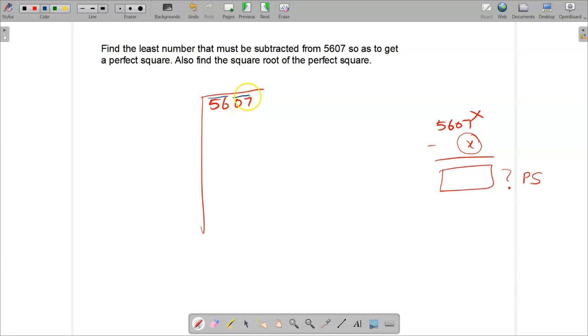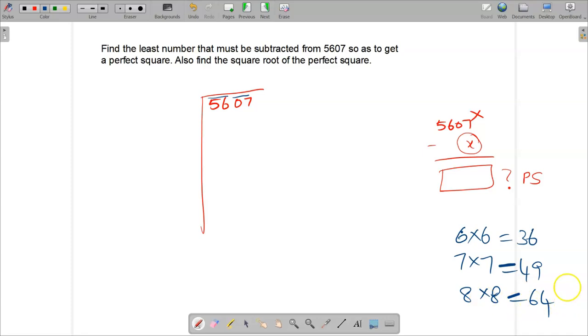So 07 is combined and 56 is combined, and first I have to start finding the number which is going to be a nearby square number for 56. 6 sixes are 36, 7 sevens are 49, 8 eights are 64, which is greater than 56. So I have to proceed with the number 7 into 7.